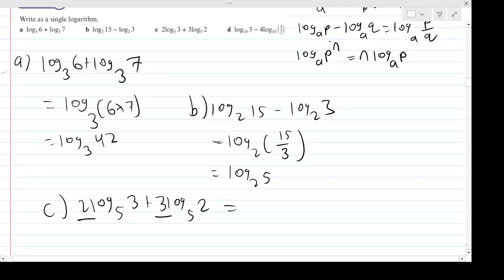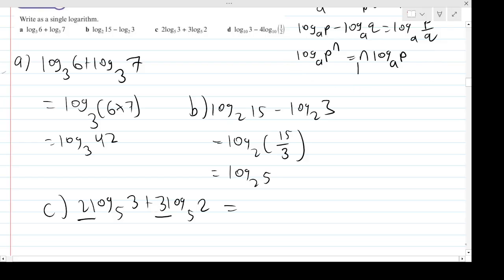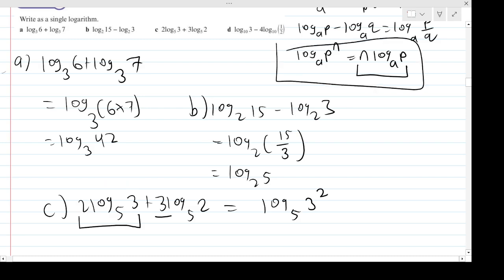Well, this is where we can use the third log law. Because we have a coefficient, a number outside the log, I can bring it in as a power. So firstly, 2 log 5 of 3 would be log 5 of 3 to the power 2. So if it's a number outside, it can become a power inside the log via this log law here.